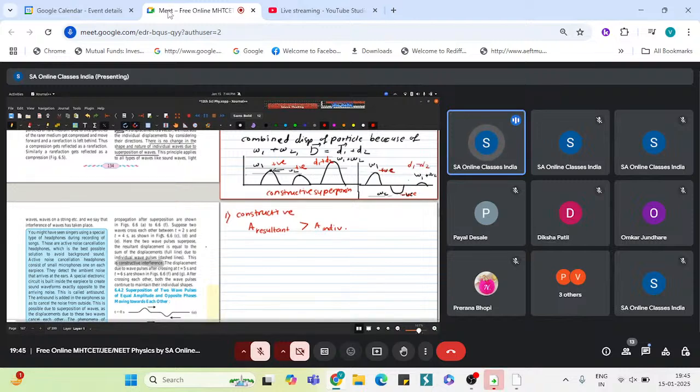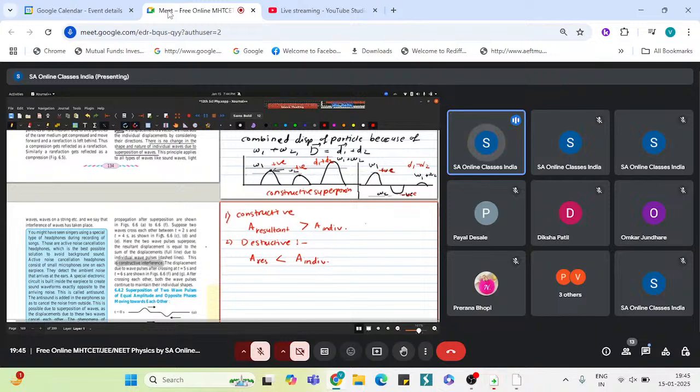In that case, the resultant amplitude is going to be less than the individual amplitudes. This is called destructive superposition. So in destructive superposition, the amplitude of the resultant wave is always going to be less than the amplitude of the individual waves.